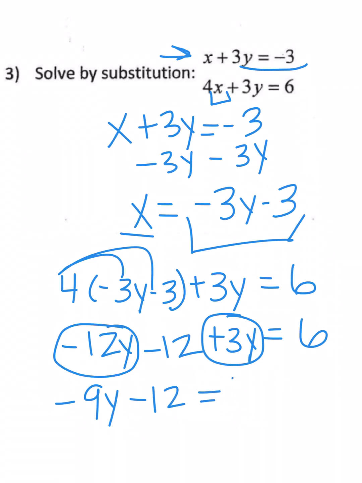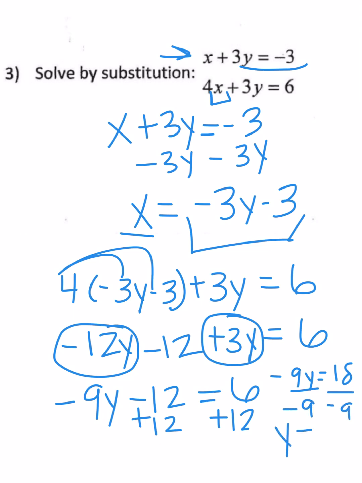Minus 12 is equal to 6. I'm going to add 12 to both sides. I need to divide both sides by negative 9. So my y value is going to be negative 2.